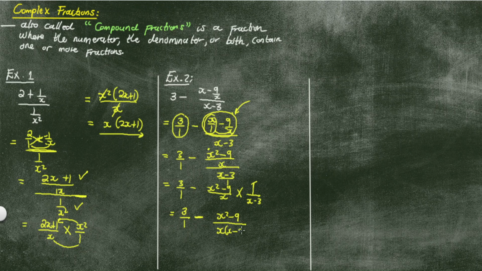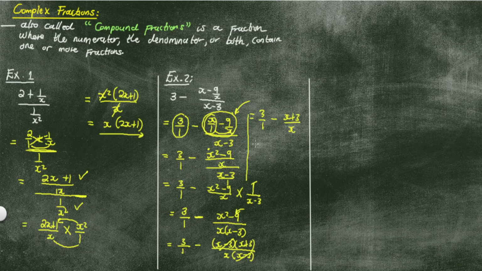x minus 3. But do you see that this is a difference of two squares? So we're going to simplify that first. Factorize first. So it's going to be an x minus 3 and an x plus 3 divided by x minus 3. Then this gets cancelled by that. I'm now left with 3 over 1 minus x plus 3 over x.